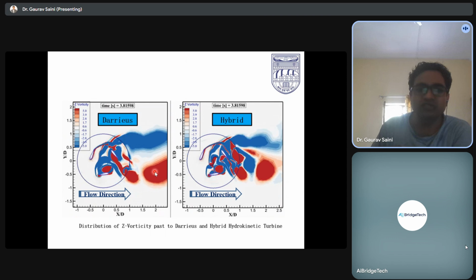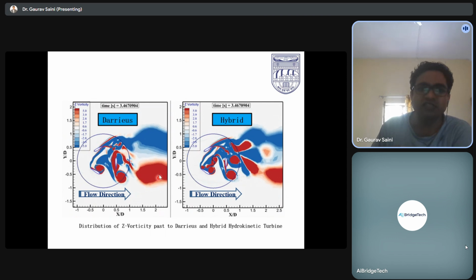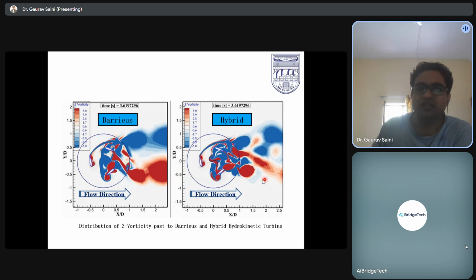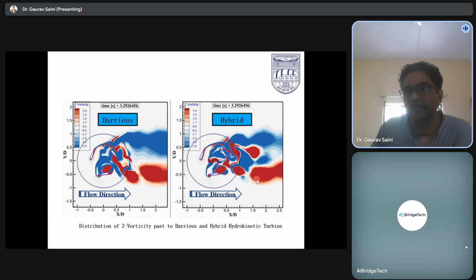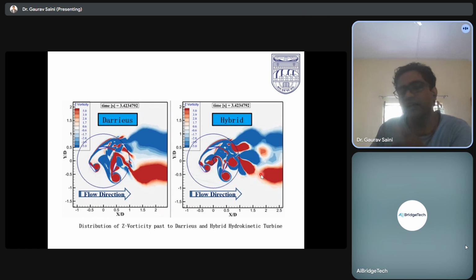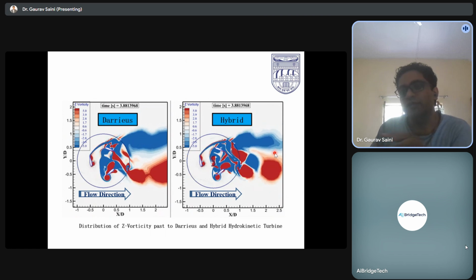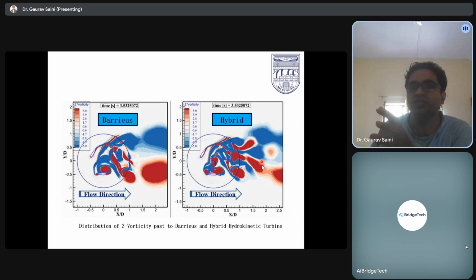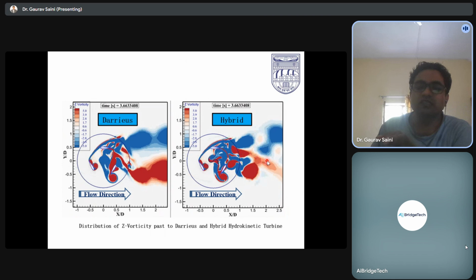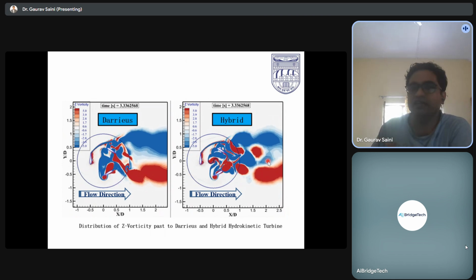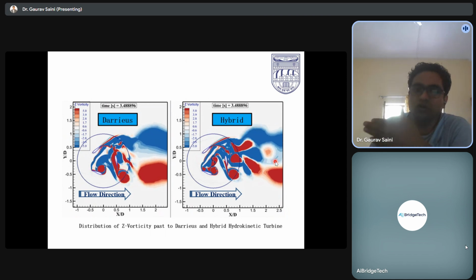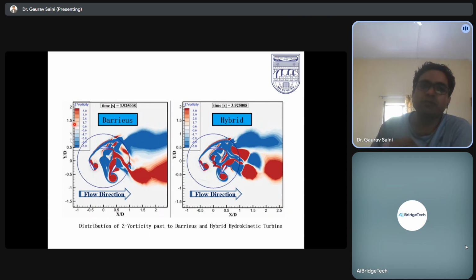You can visualize the intensity of this zone as compared to the intensity over here, because the hybrid rotor is interacting more effectively with the water, and it is producing less mixing in the downstream water. That means you can have a shorter wake recovery distance, which will help us to install a number of turbines as compared to the simple Darrieus one.